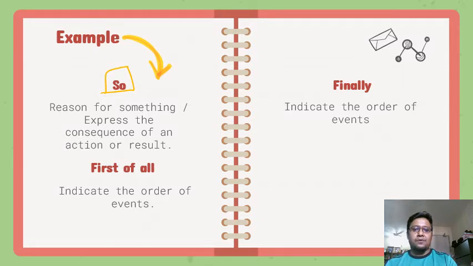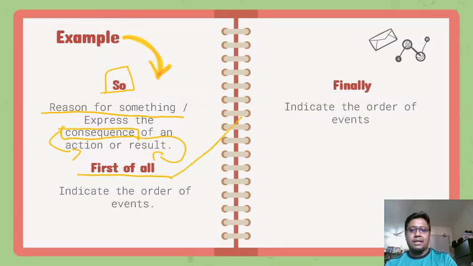So is used to give a reason for something and also to express the consequence of an action or a result. First is actually similar to finally. Their function is similar, which is to indicate the order of events.